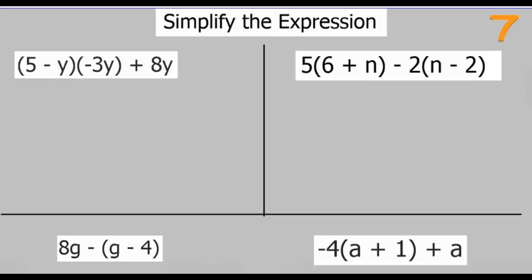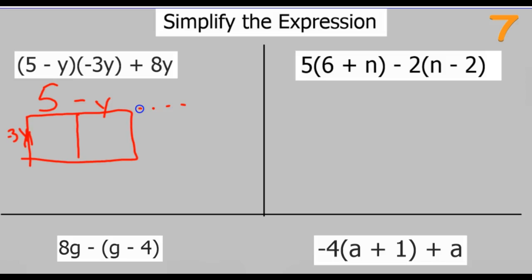On to our last slide. We have a distributive property problem, because we have a negative 3y up front and a 5 minus y on top.